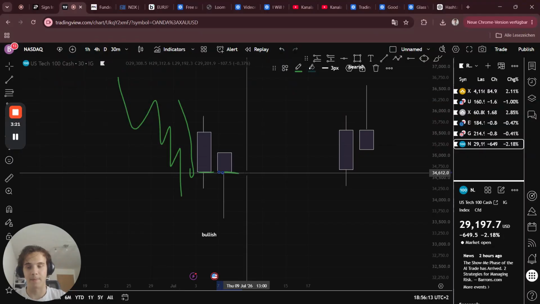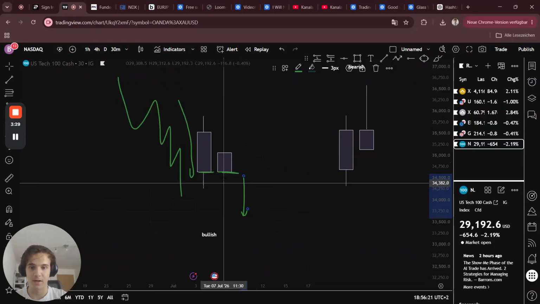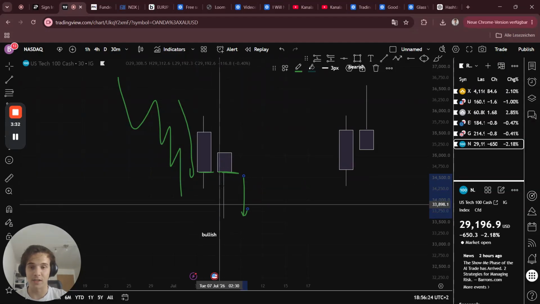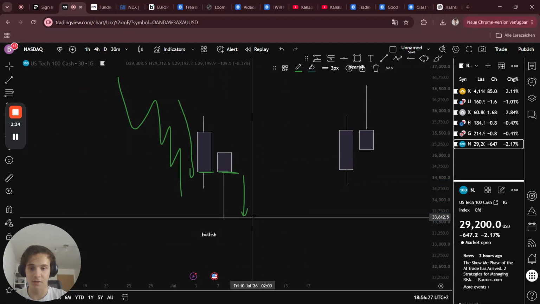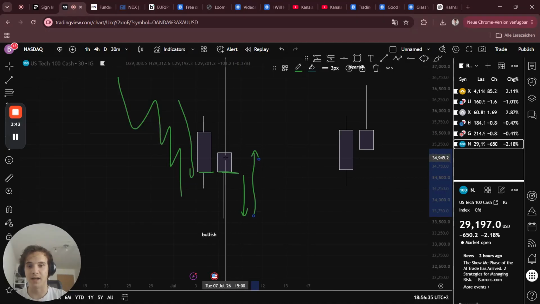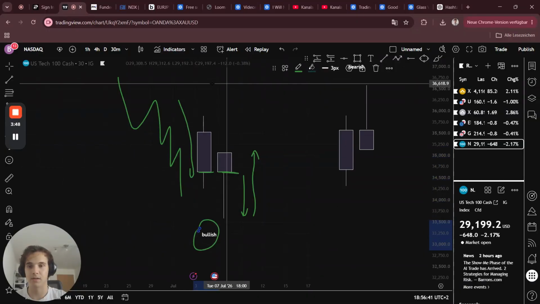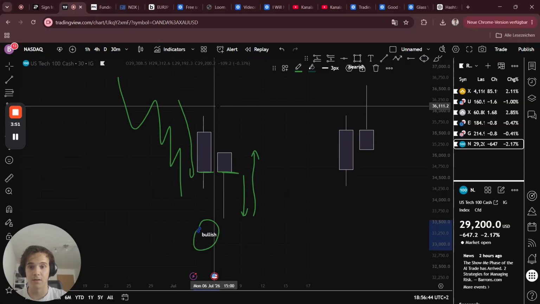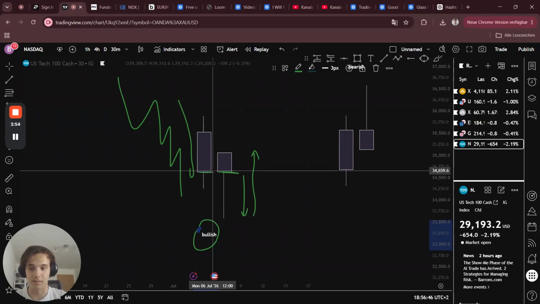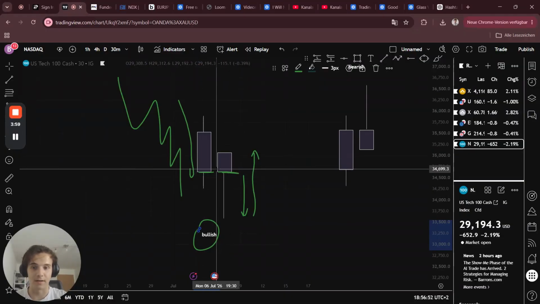In that candle move, sellers have managed to push price all the way down to here, but buyers were so significant that they pushed the price all the way, not here, but up here, making the candle close bullish, right? So red candle, green candle. Understood that? Red candle, green candle.